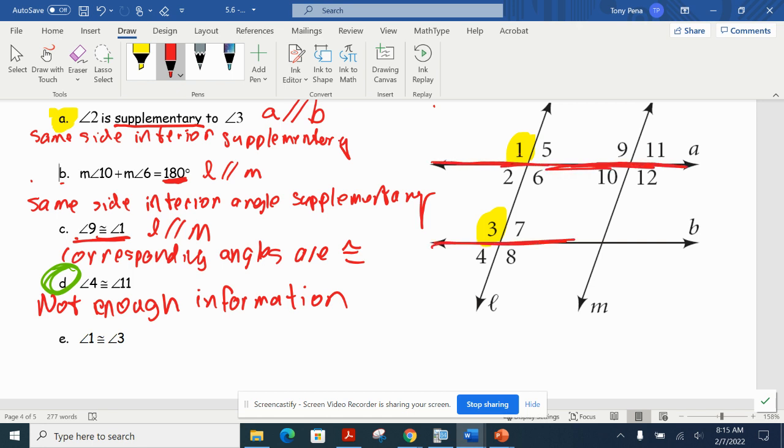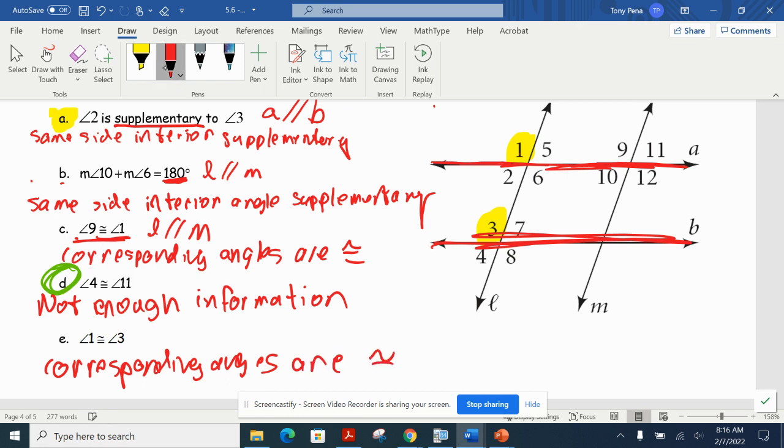So if these are our parallel lines, this one's exterior. Isn't 3 on the inside? Okay, so these are corresponding angles. And are corresponding angles supposed to be congruent? And they are.